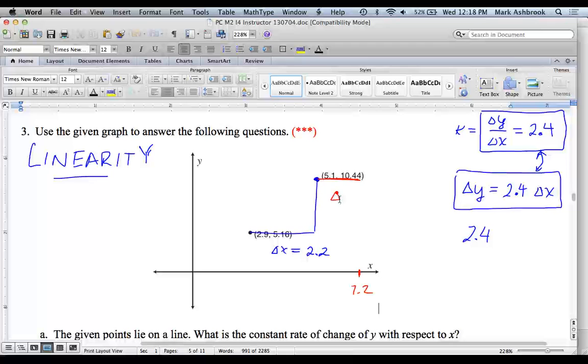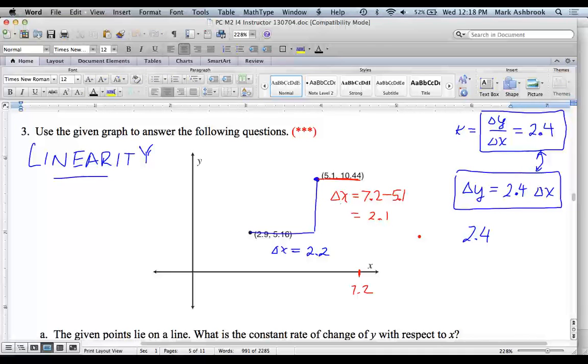And how do we calculate that change in x? How'd you get that? Good. Is that the change in x? And how much is it? 2 point? Is that right? Okay.